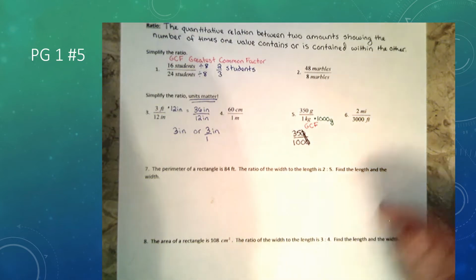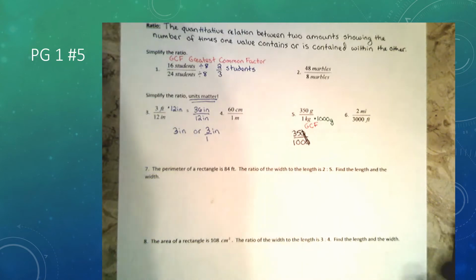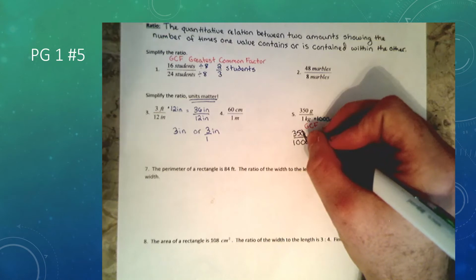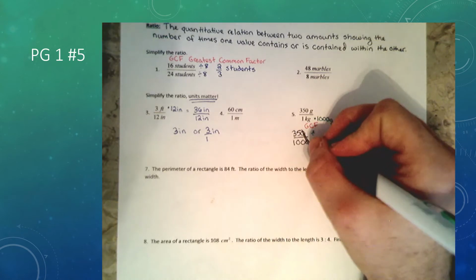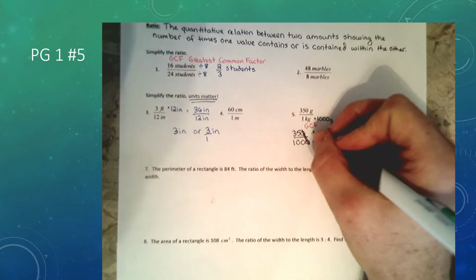So now I'm going to actually find my GCF, the greatest common factor, the biggest number that can divide into both. And in this case, that number would be 5. So 5 can go into both 35 and into 100.